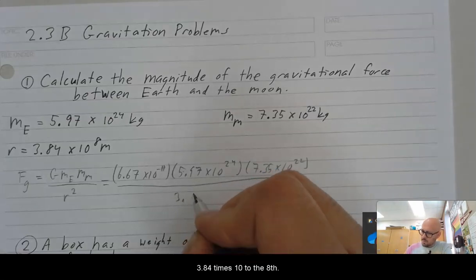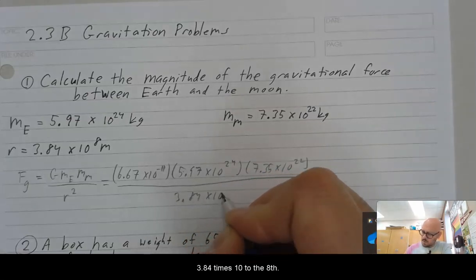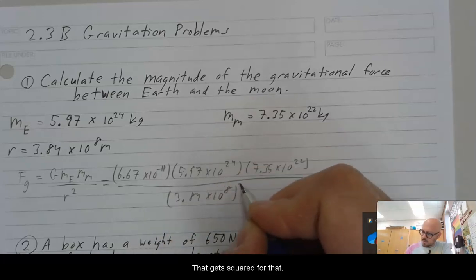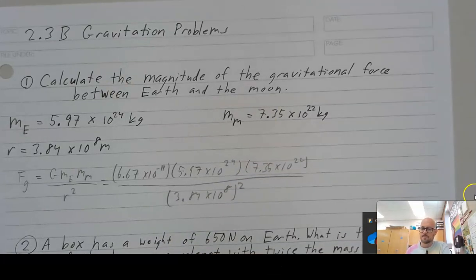And then 3.84 times 10 to the 8th, that gets squared for that. Awesome.